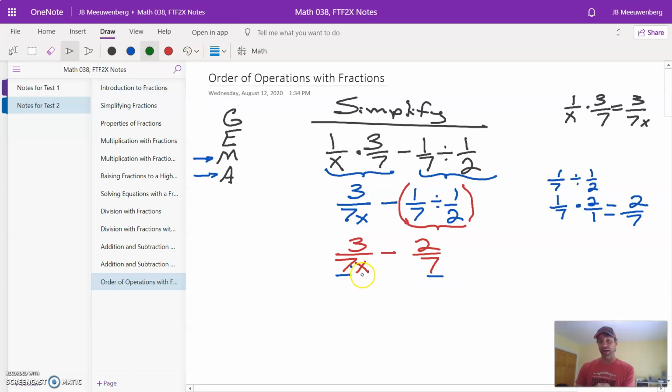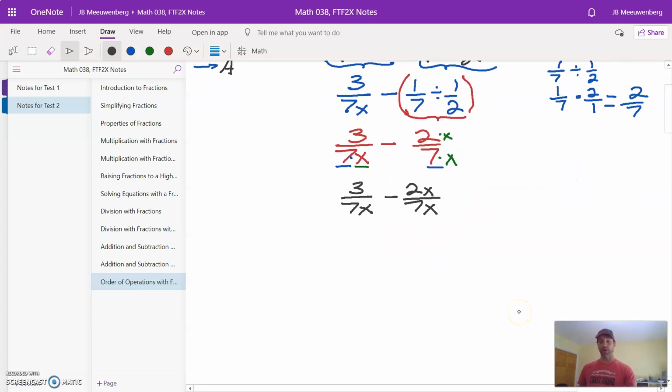But this denominator has an x, and this one doesn't. So we're going to share that x over here, and we do the same thing to the numerator. So now I'm going to rewrite it again in the new format, 3 over 7x minus 2x over 7x.